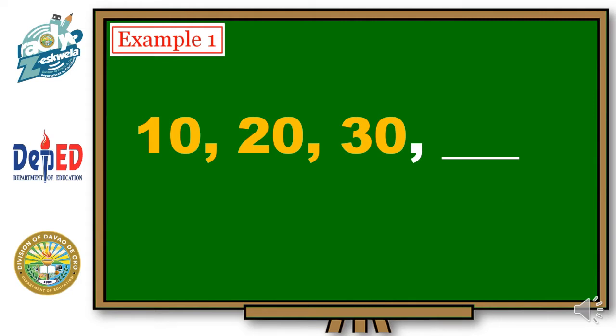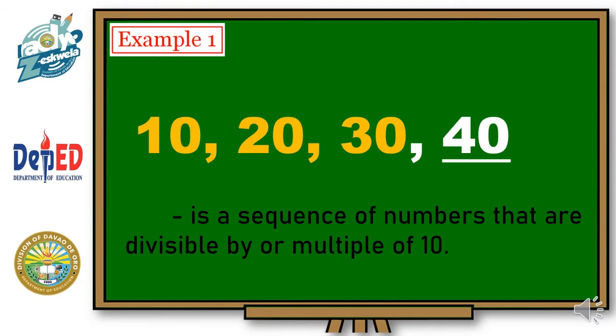We can also say that each term increases by 10 and so on. Therefore, we can conclude that the next term of 10, 20, 30 is 40.